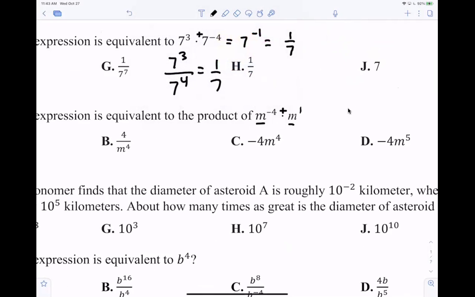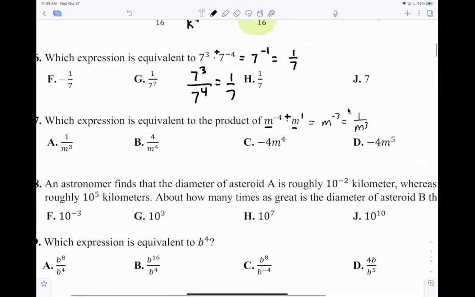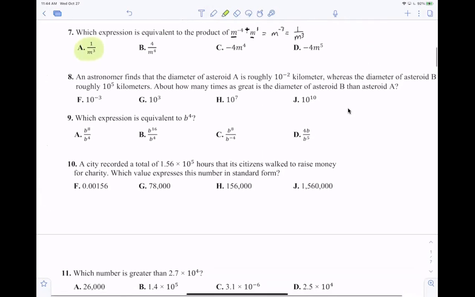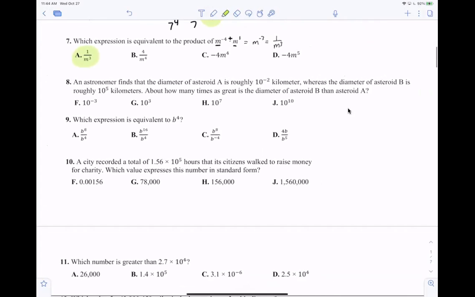Right. So it would be m to the -3, which is the same as 1 over m cubed. So that is correct. H and A. So you're adding the exponents. Okay. Number 8.